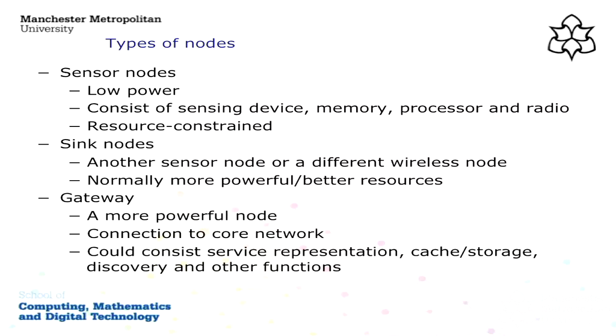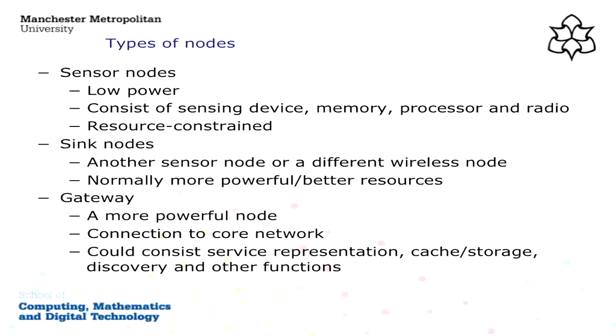Whereas a sink node might be something that's got a bit better resources, can communicate with its neighbours, but can collect together that data in some way, act as like the group leader almost. It might have more powerful and better resources, but that makes it more expensive than these standard ones.